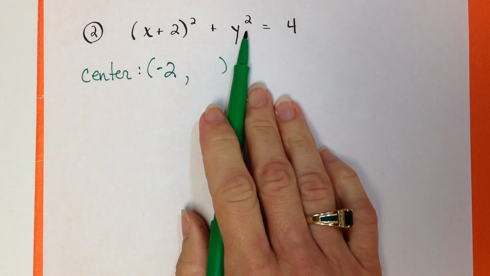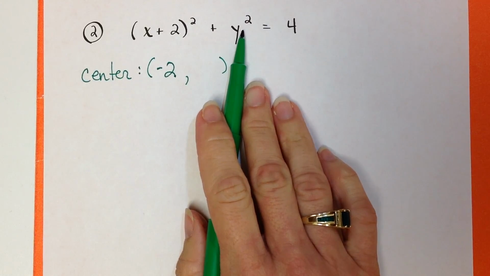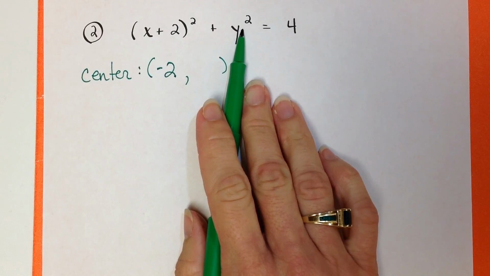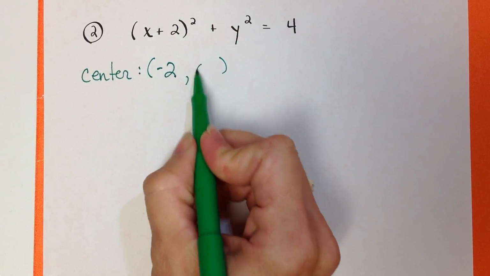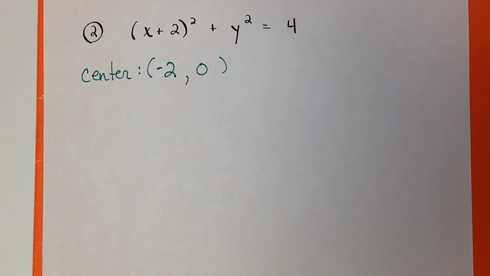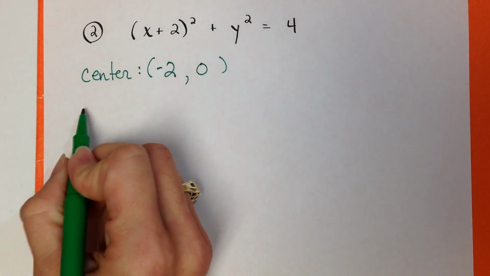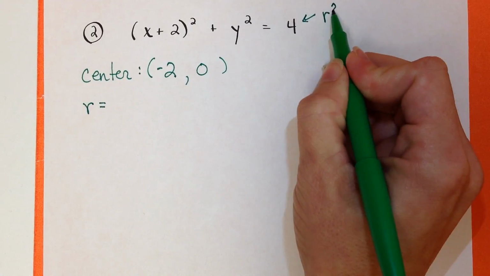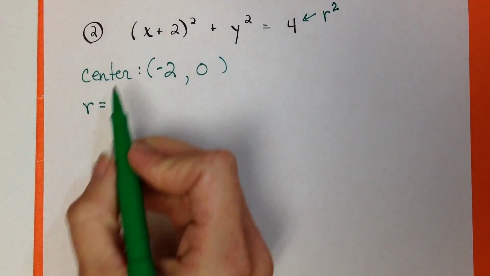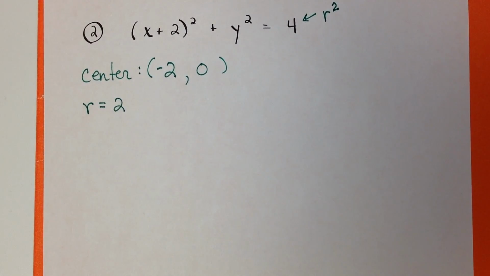Now, I mentioned this earlier. I said if you don't physically see the number that's added or subtracted on your y or even on your x, it would have to be an understood 0. So that's the situation that you have here with your y coordinate. Okay, radius, again the 4 represents r squared, therefore r would just be 2.